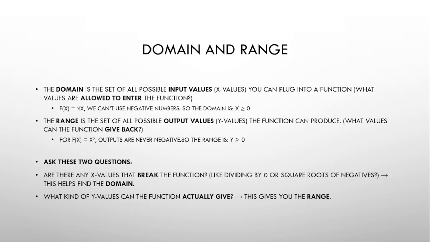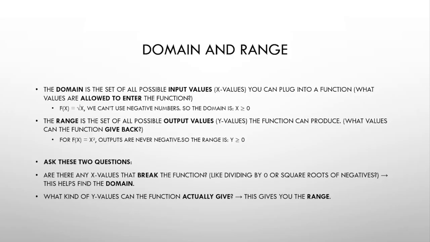Now what is range? Range is the set of all possible outputs a function can give. After plugging in allowed values of x, what kind of y values can I get back?